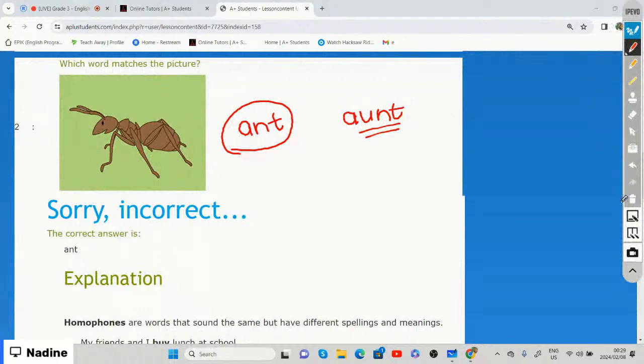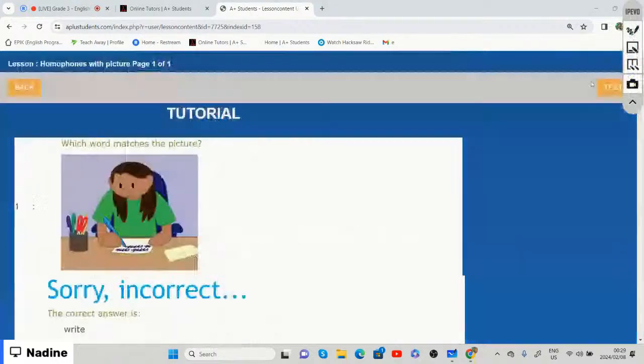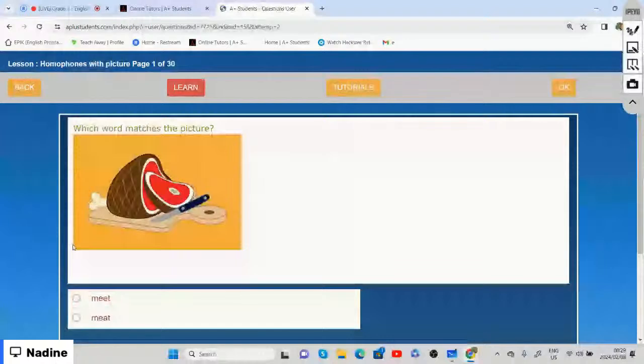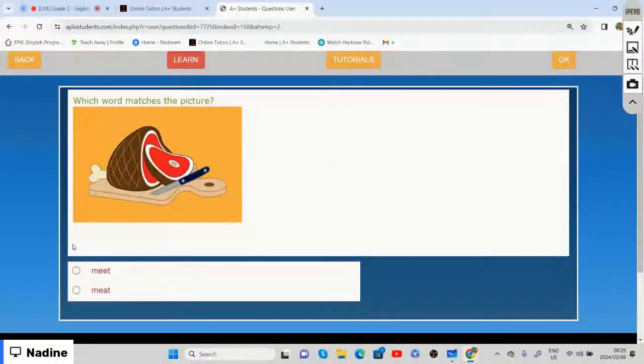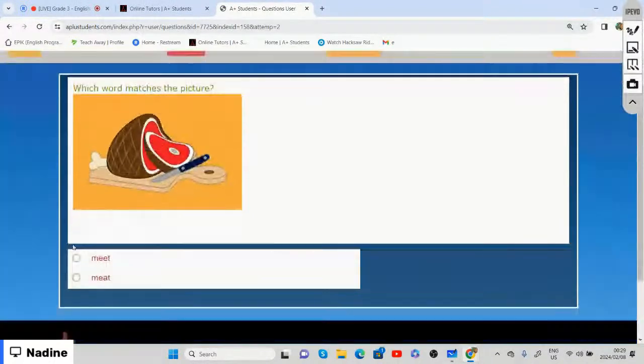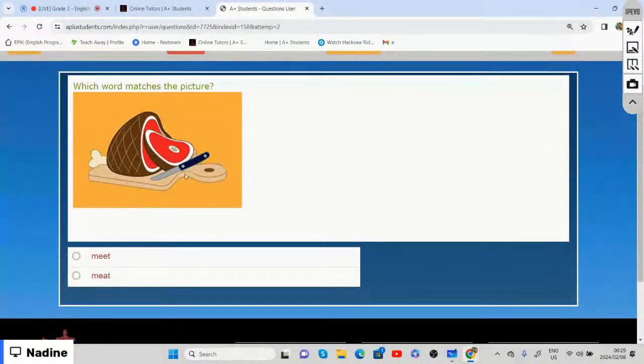All right, so now let's go to our test, right? And well done for already doing the test. So let us, the rest of us, do the test. And remember, whatever we don't finish, you are going to have to complete it on your own, right? So homophones with pictures. If we look at this picture over here, which word matches the picture?